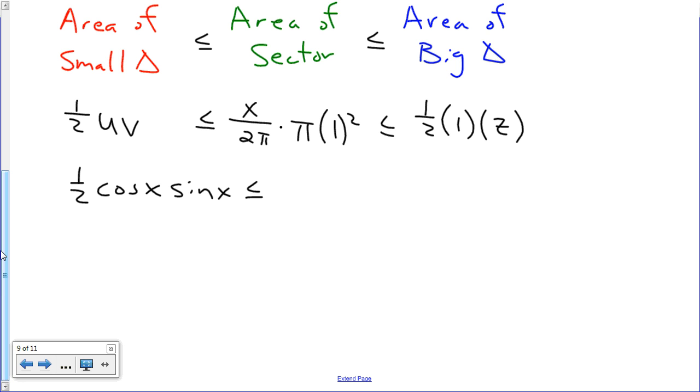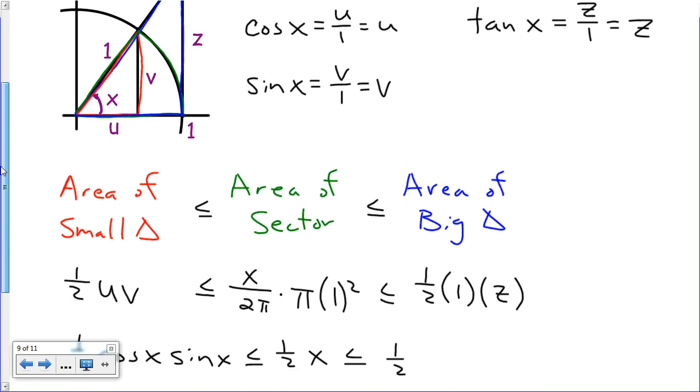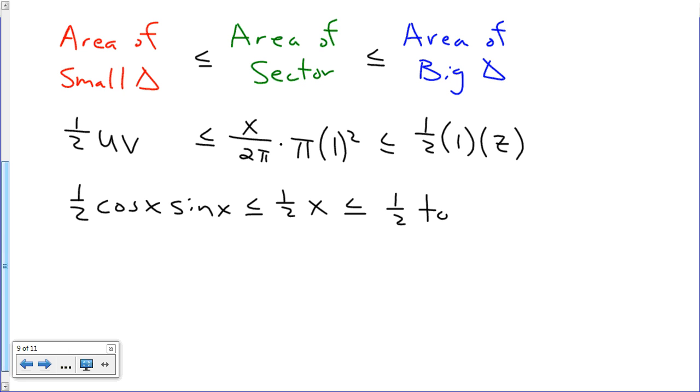I can see that the pi's will cancel out. And you have then 1/2 x times 1 squared, that's just 1/2 x. And that's less than or equal to, on the right there, we have the 1/2, which I won't worry about writing down, but the z, remember we found out that z was equal to the tangent of x from our big triangle. So that's the tangent of x.